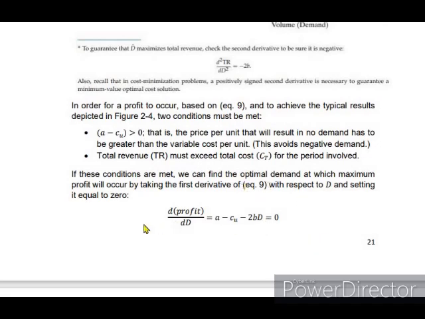So if these conditions are met, we can find the optimal demand at which maximum profit will occur by taking the first derivative of equation 9 with respect to D and setting it equal to 0. So derivative of profit over D is equal to A minus C sub U minus 2BD is equal to 0.